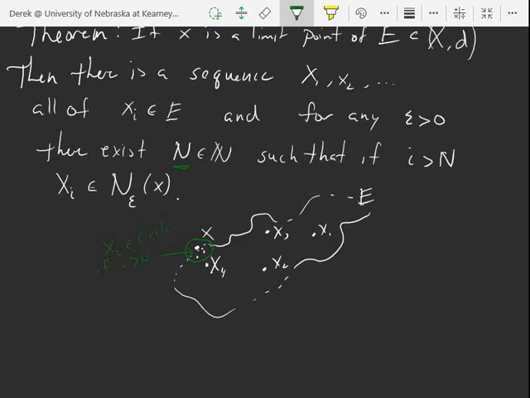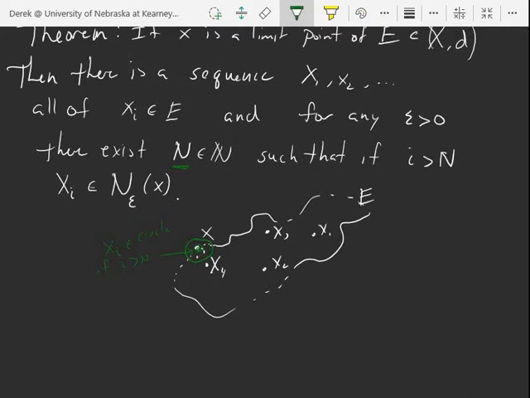So the entire tail of that sequence is in here. And if I make the circle smaller, I can go farther out in the sequence, and the sequence is in that smaller circle. So the sequence eventually just kind of fits into these tiny, tiny circles around x. That's what kind of makes it the limit point.